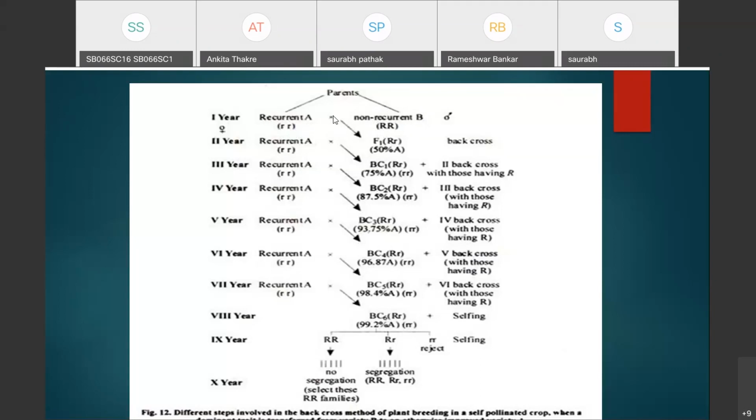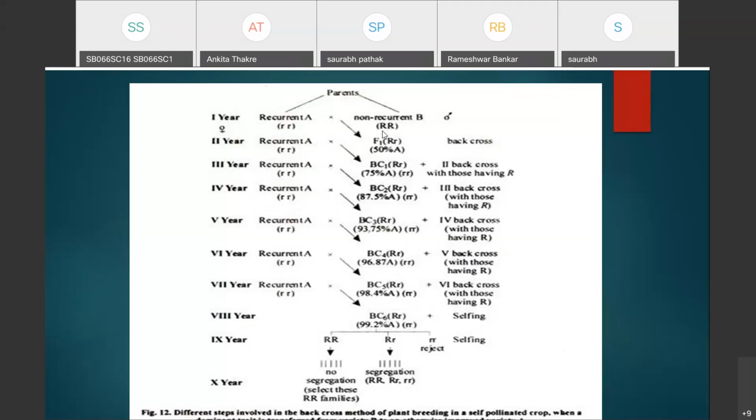And in this program, in the backcross, the plant breeder has to transfer the disease resistance of this non-recurrent or undesirable variety into the good commercial variety, which is referred to here as the A variety.